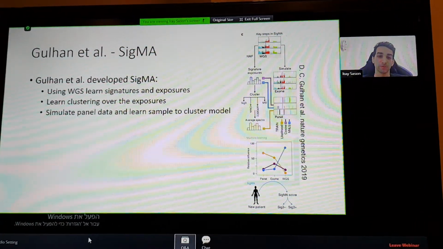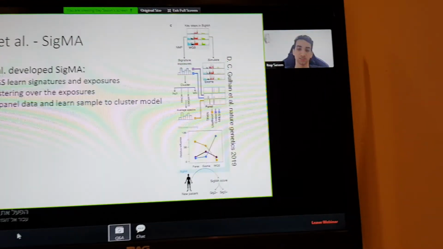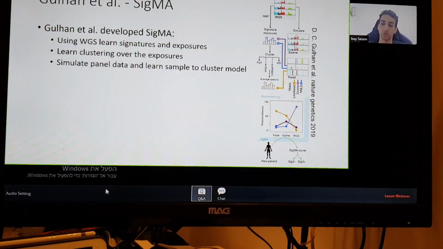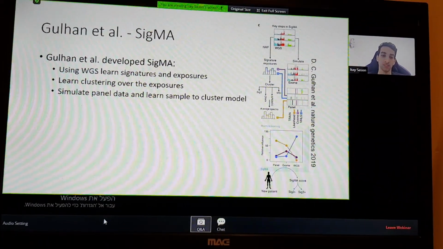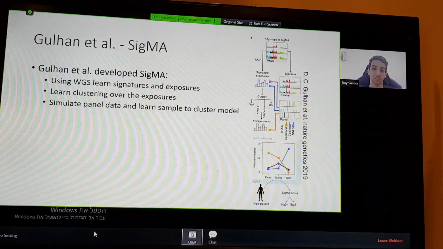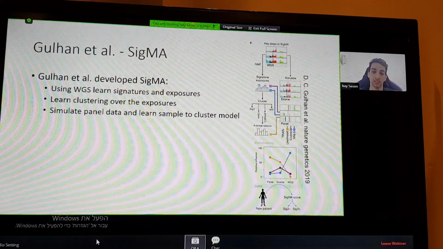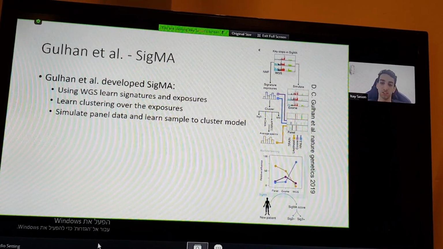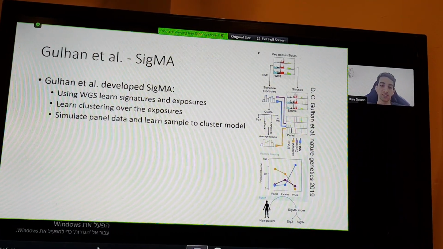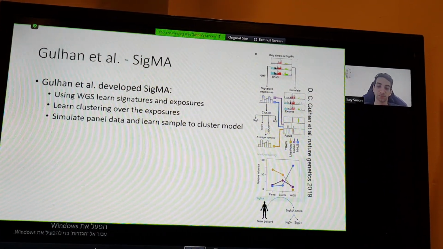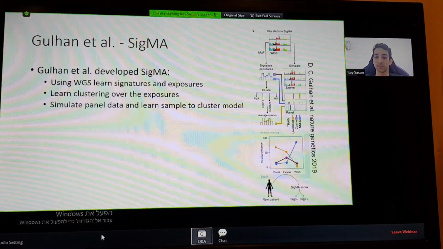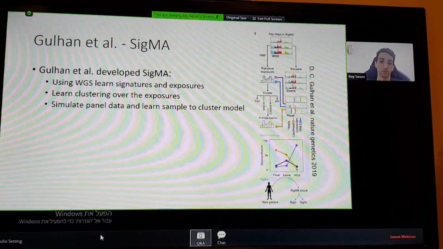Although this model showed promising results on breast cancer, it has a few clear disadvantages. First, the model requires whole genome sequencing data, which is available for only very few cancer types. Second, panel data has higher sequencing depth than whole genome, so the simulated panel data may not be best for training the classifier. Third, although it can classify sparse data, it cannot extract new information from it.